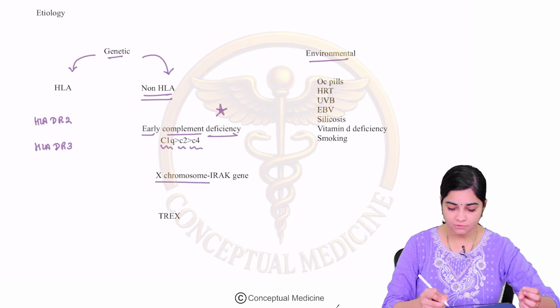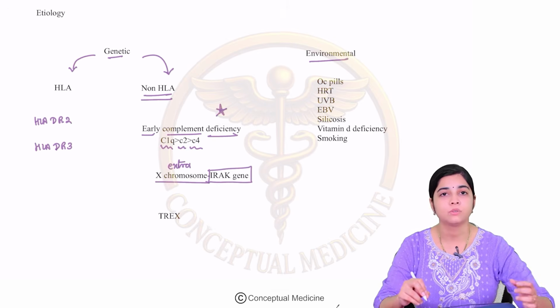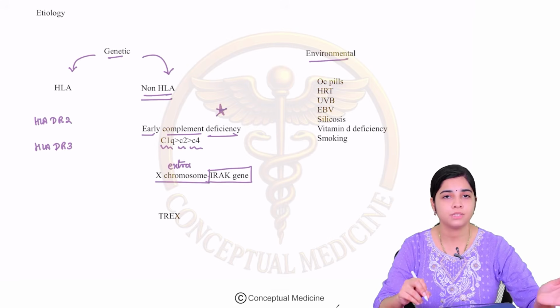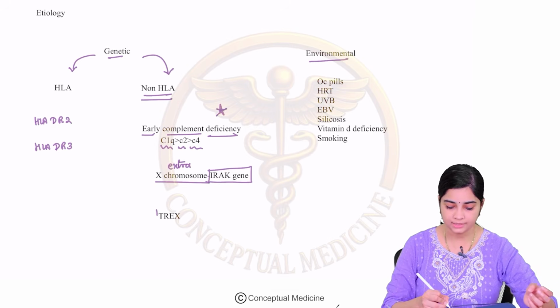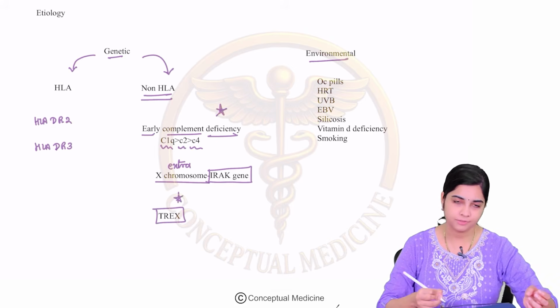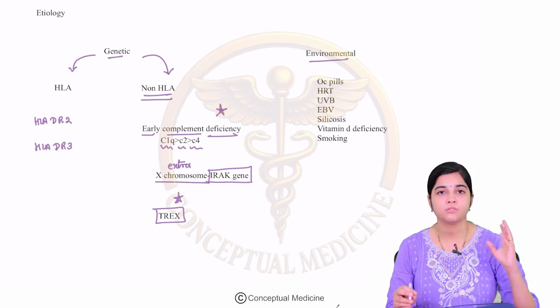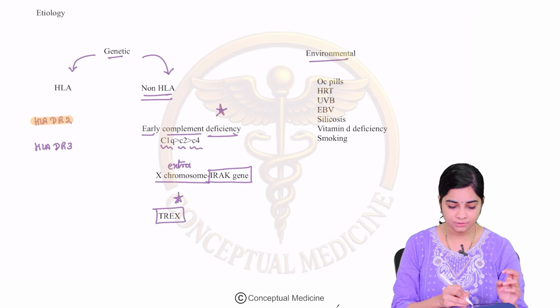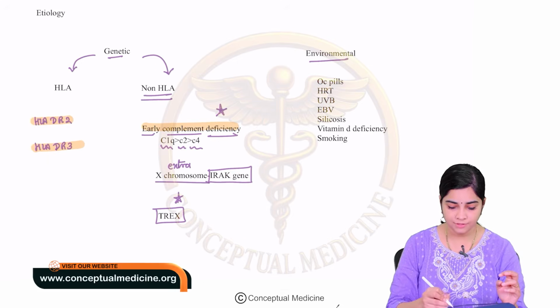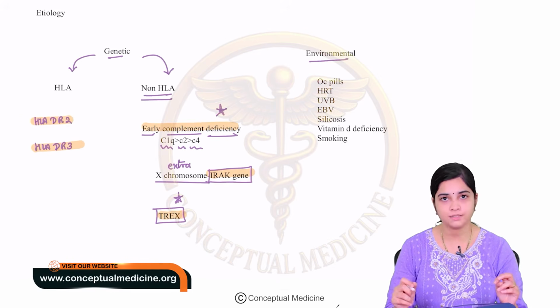Then the presence of an extra X chromosome, IRAK gene mutation, which is present on the X chromosome, and the other very important gene to remember is the TREX gene. So for genetic factors, remember HLA-DR2, DR3, early complement deficiencies, the IRAK gene and the TREX gene.